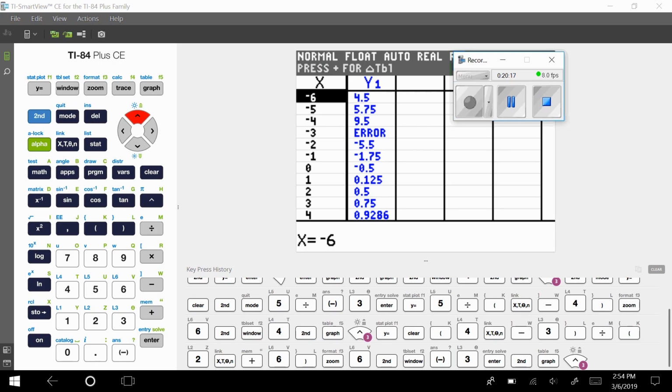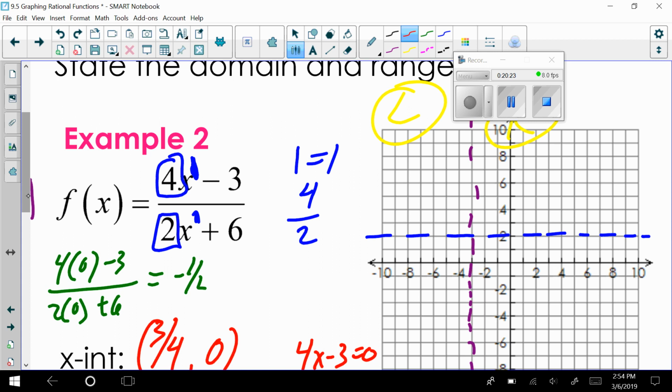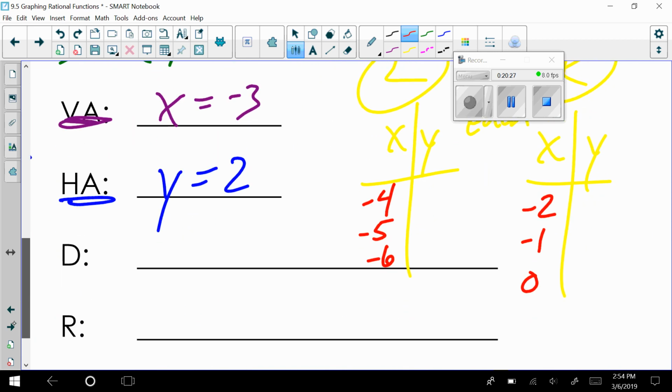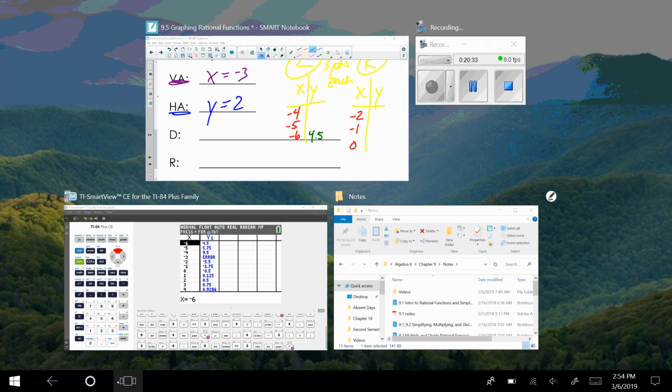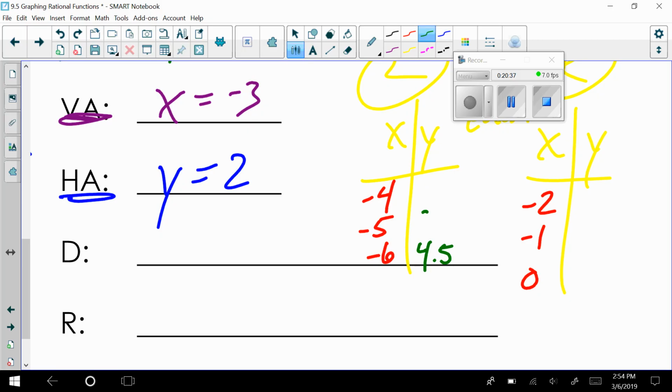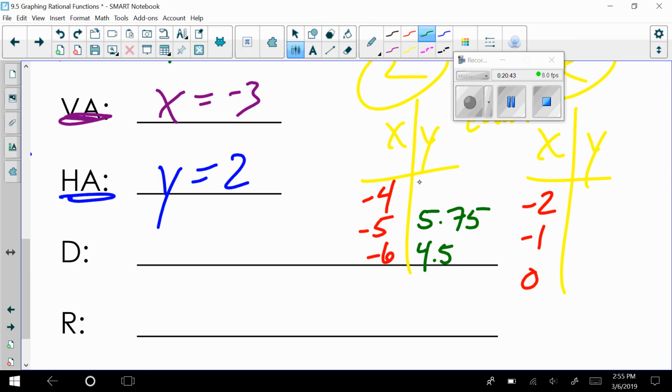So if I'm going to copy these down from here, I need to remember, I got 4.5. And of course, it does matter which one I'm writing down. This was 4.5 here. 5.75. 9.5.